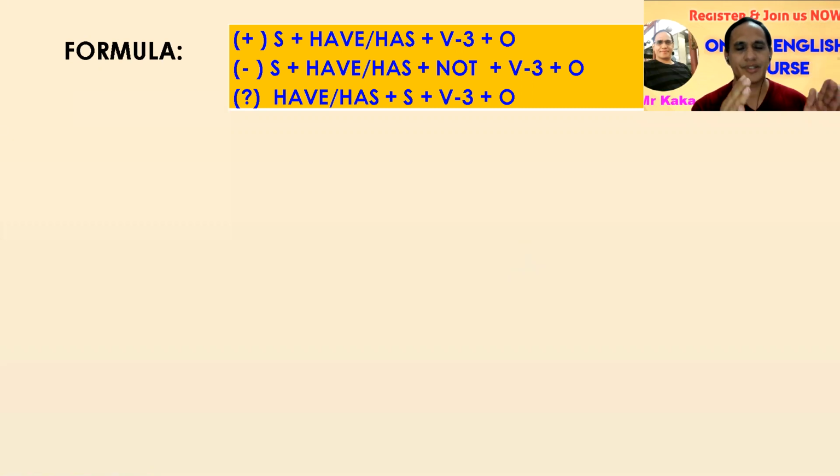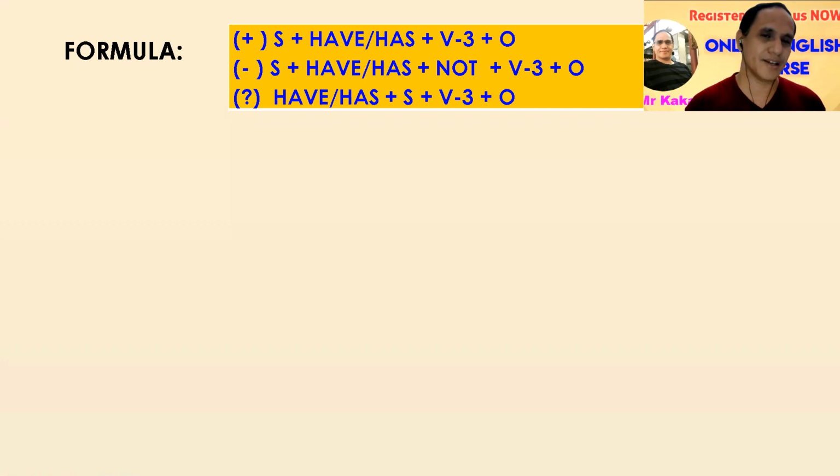For the positive: subject plus have or has plus verb 3 plus object. If you want to change the sentence into the negative form, it will be subject plus have or has plus not plus verb 3 plus object. If you want to change it into the interrogative form, it will be have or has plus subject plus verb 3 plus object.